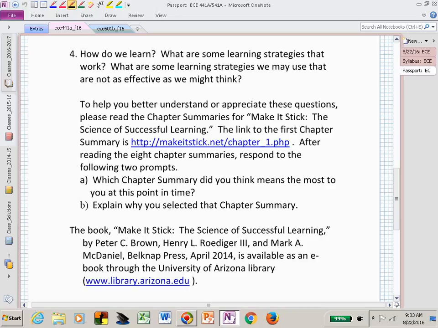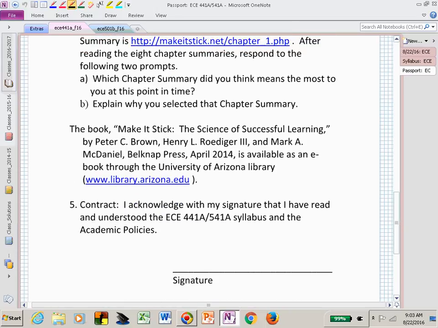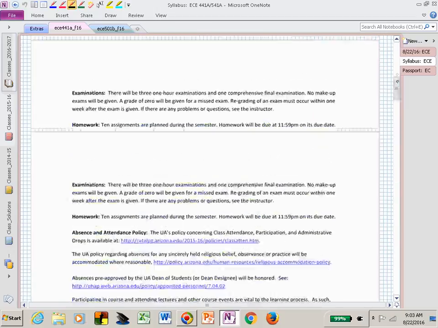And it doesn't have to be a 3-page essay. It can be a short paragraph, a couple of sentences, 2 or 3 sentences. That's the passport assignment. And then I want you to also indicate by your signature that you've now looked at the syllabus, wherever that is.